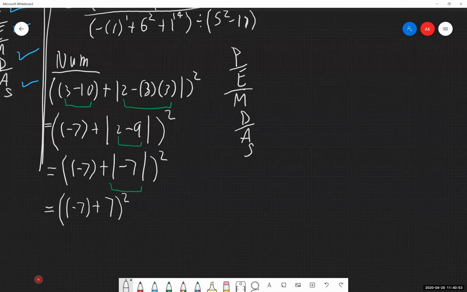And now inside my set of parentheses again, I still have a negative 7 plus 7. That's going to give me 0, second power. I'm now done with parentheses. I can apply exponents. 0 to the second power is just going to be 0. Done with that. No multiplication, division, no addition, subtraction. Done there. So I have my numerator.